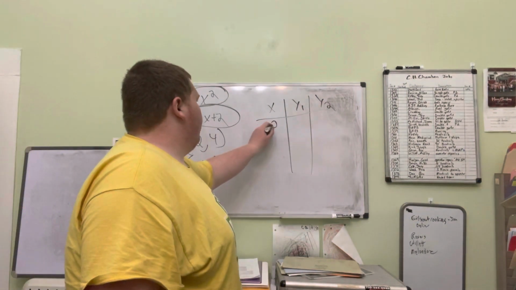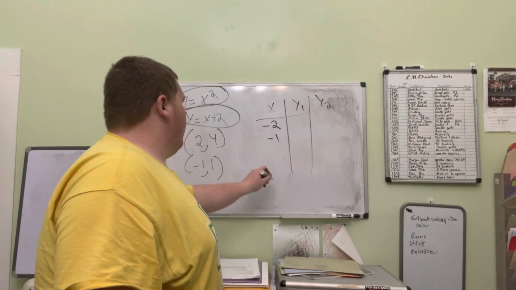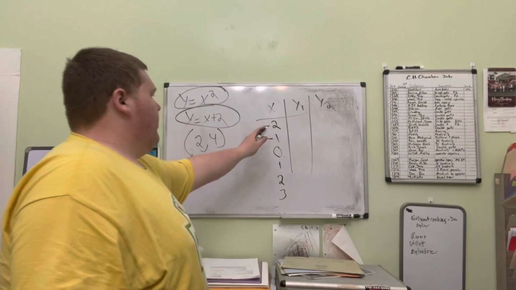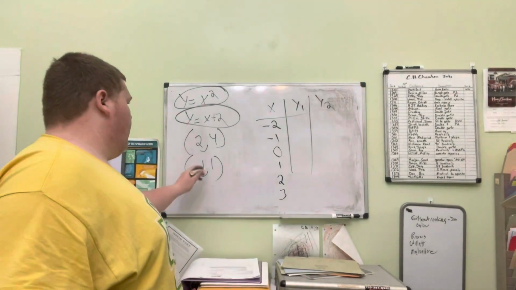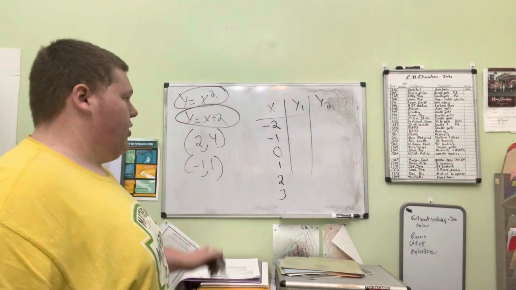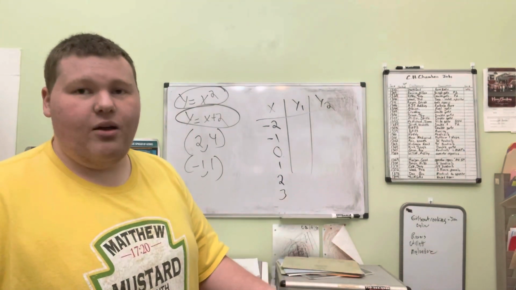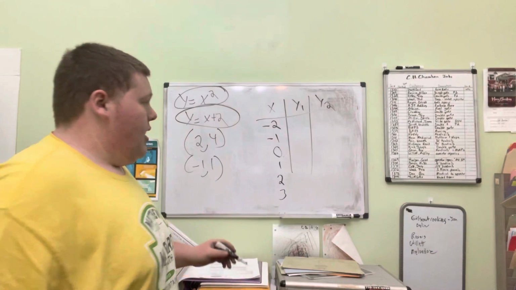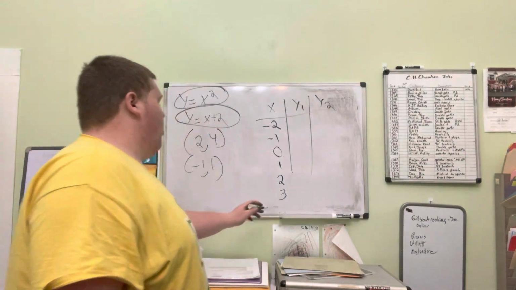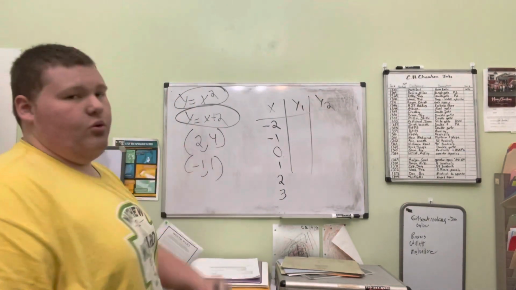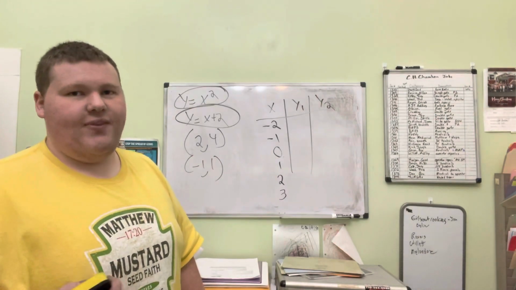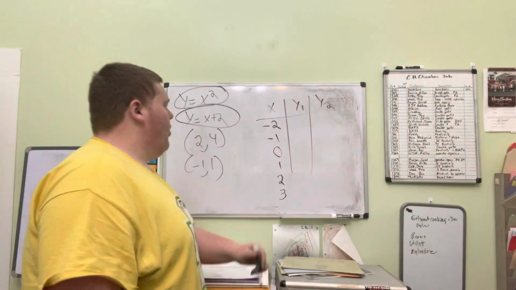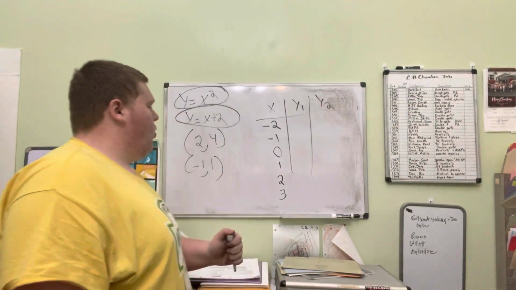Let's start with negative 2, negative 1, then 0, 1, 2, 3. Negative 2 is 1 before the negative 1 x value, which is the lowest x value that we have in these 2 solutions. And 3 is 1 past the number 2, which is the highest x value out of these 2 points. So, negative 2, negative 1, 0, 1, 2, 3.